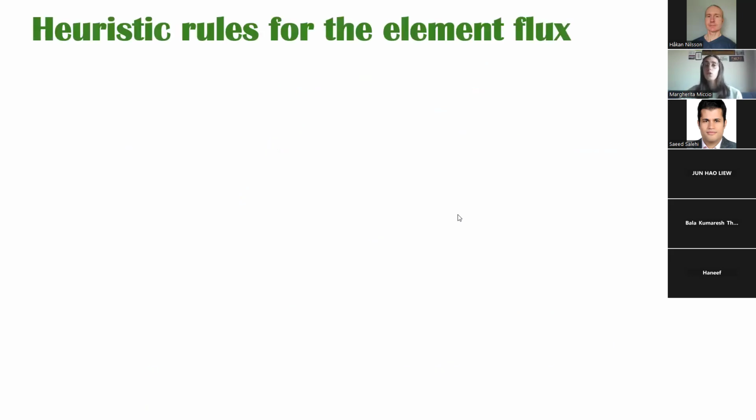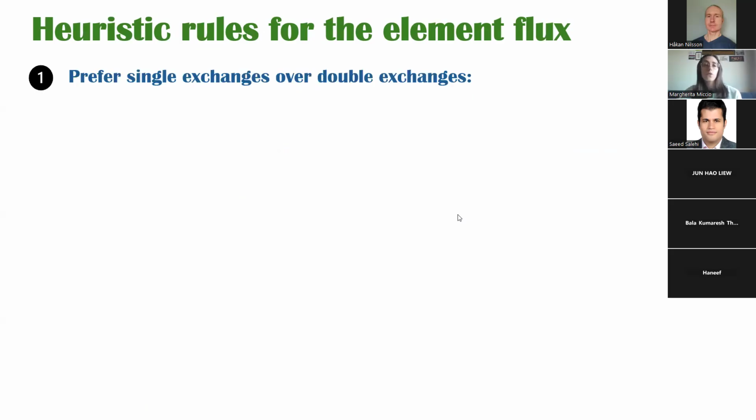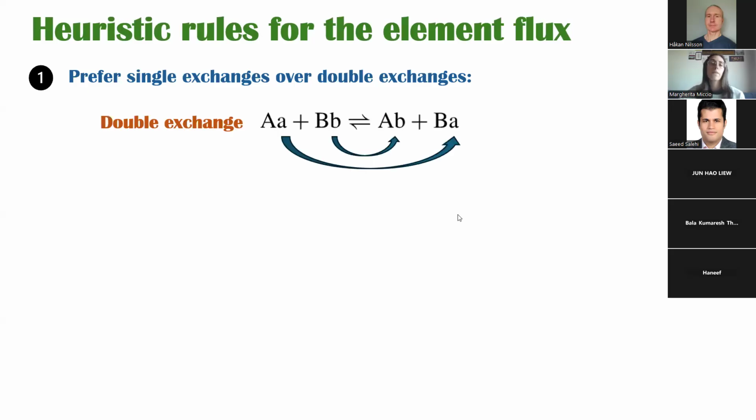First, we may use some heuristic rules for the element flux, to calculate this flow of elements from the reactant to the product. One rule is to prefer single exchanges over double exchanges.